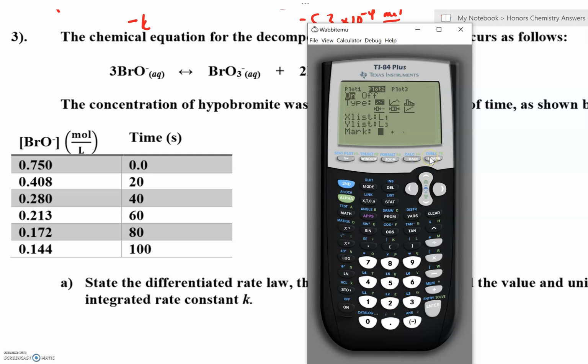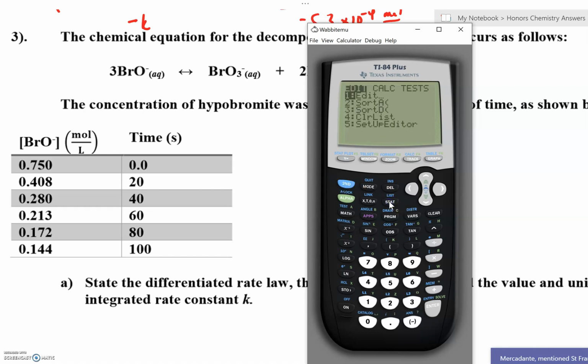And let's graph, zoom to the data. Not a straight line either. So we can simply default that this is a second order reaction, but I like to check, ladies and gentlemen.